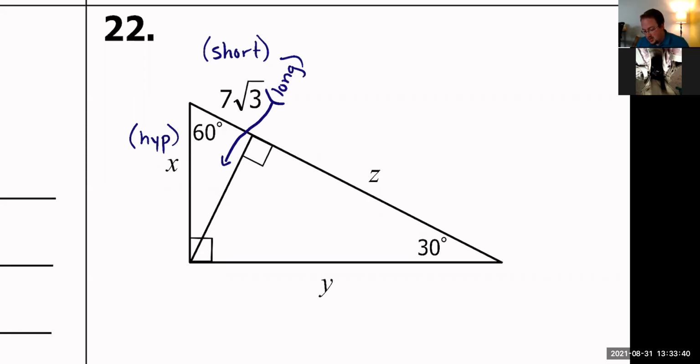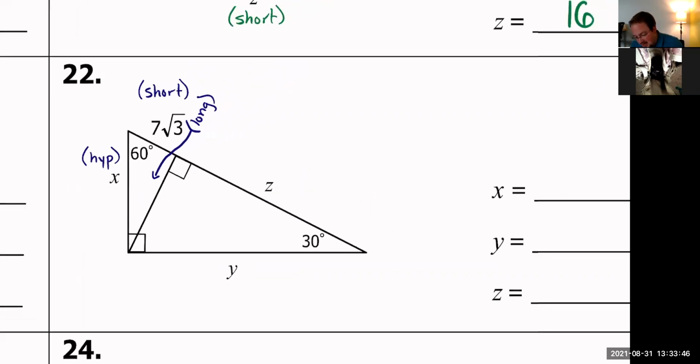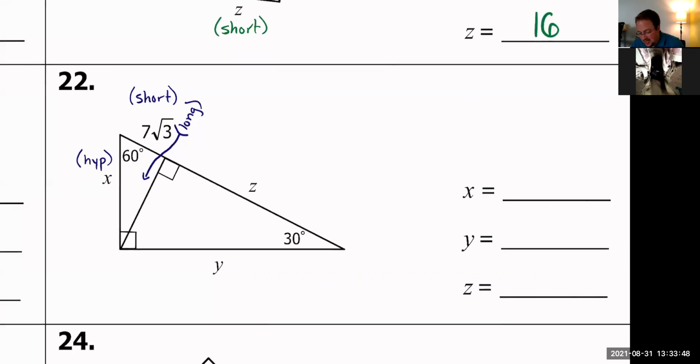So hypotenuse, though, in a 30, 60, 90 is just the short leg times 2. So 7 square root of 3 times 2 is going to give me 14 square root of 3.